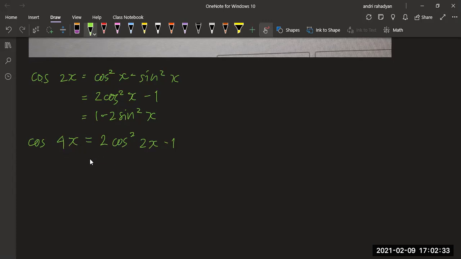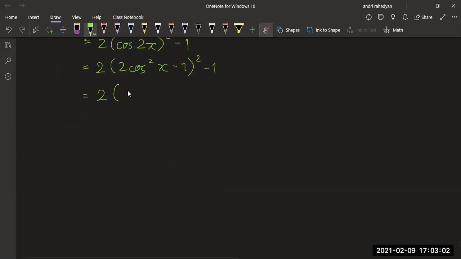Okay, then it equals 2 cosine of 2x to the power of 2 minus 1. So we replace cosine of 2x with 2 cosine squared of x minus 1, to the power of 2, minus 1.